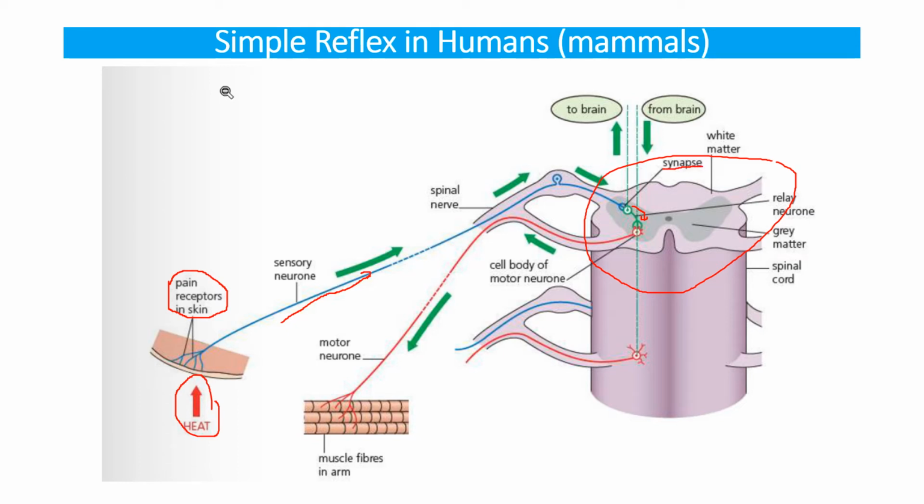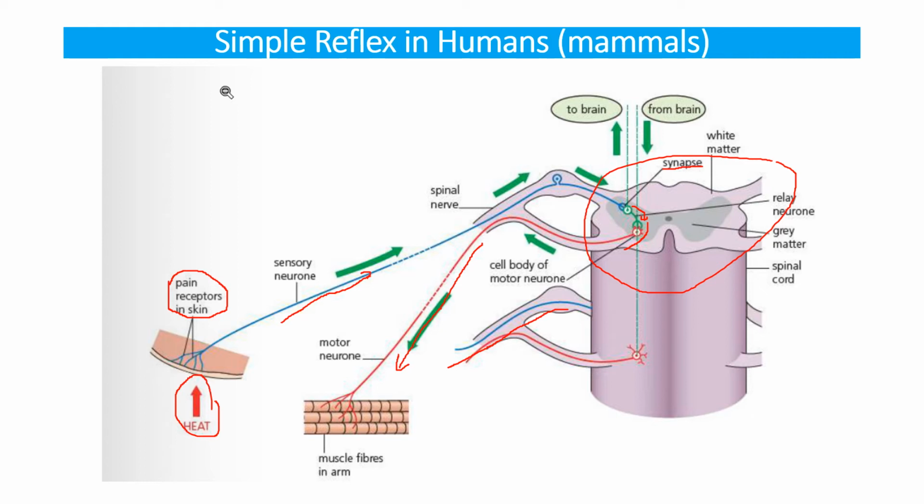And then to get from the relay neuron into the motor neuron, you've got to go across another synapse, going to chemical messaging, and then it goes down the motor neuron. Now the motor neuron is going to connect to the effectors. And the effector, in this case, is going to be a muscle in your arm, which will cause you to retract your hand from the hot thing you're touching.